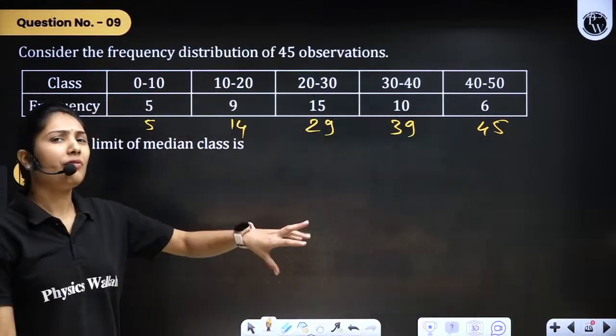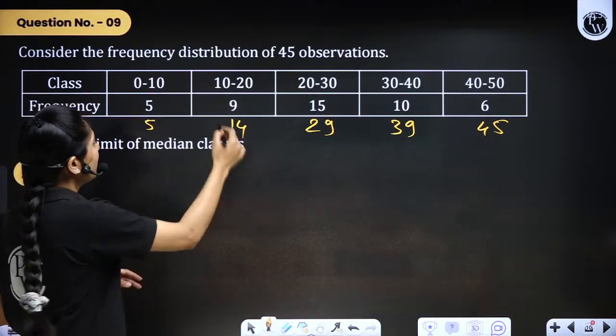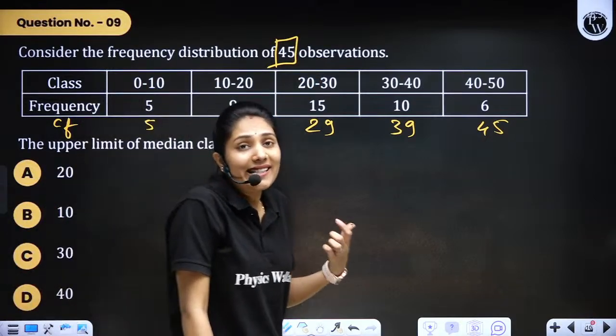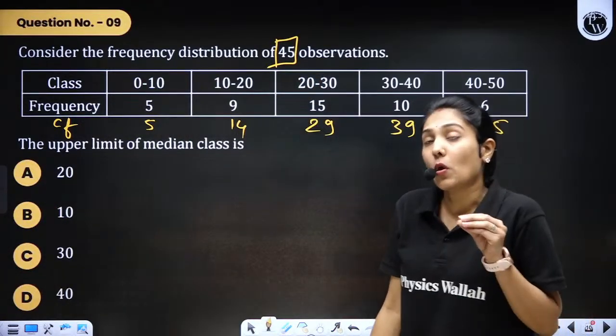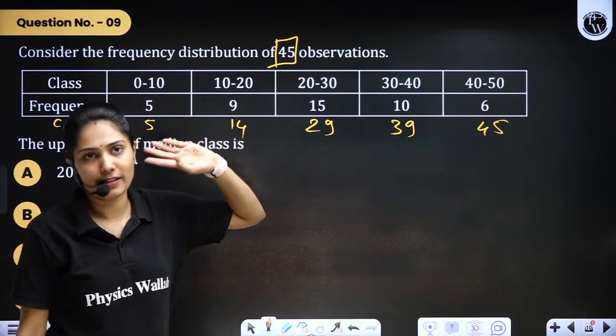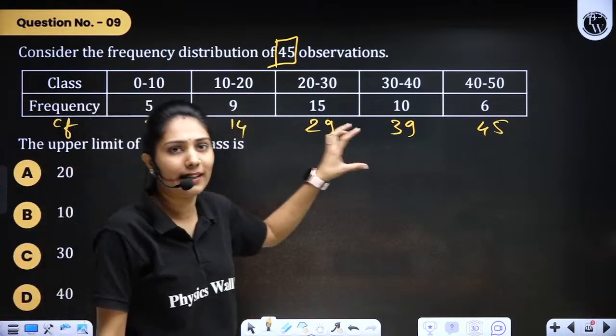If we don't even want to calculate it, here the total observations are already given. If it is not given in the question, in that case you have to do it like this.